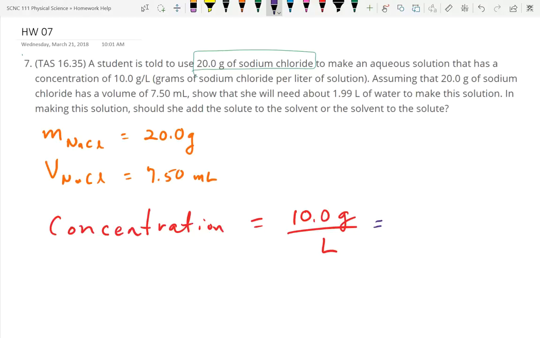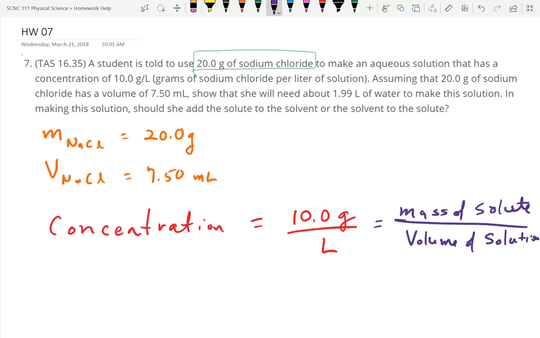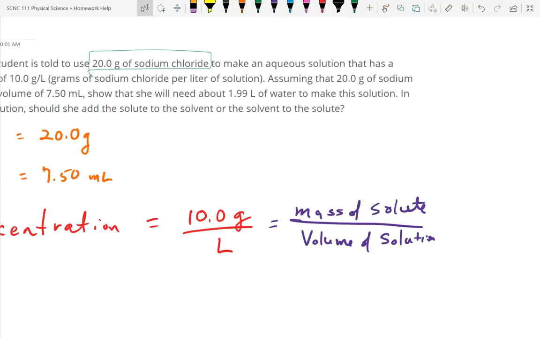Okay, so since it's in grams per liter, that's going to be the mass of solute divided by the volume of what? Of solution. And what we're trying to calculate is the volume of solvent. So volume of solvent was not part of that. Which one of these two has volume of solvent in it?